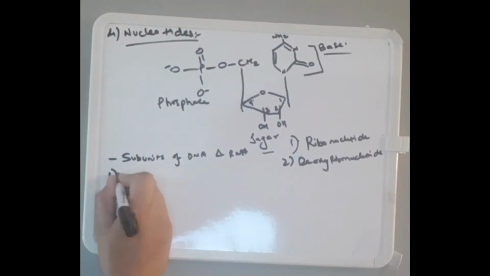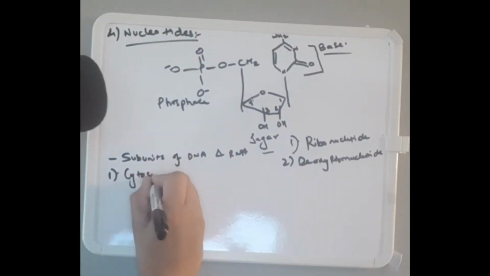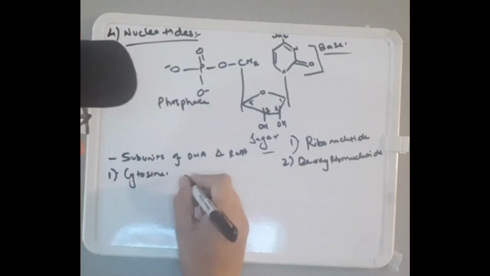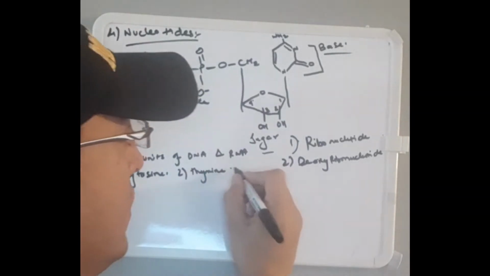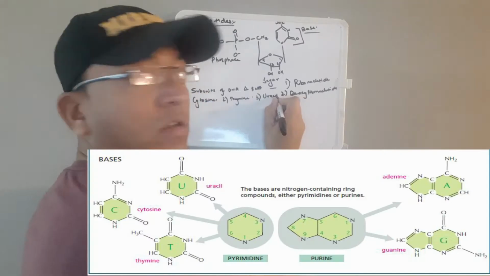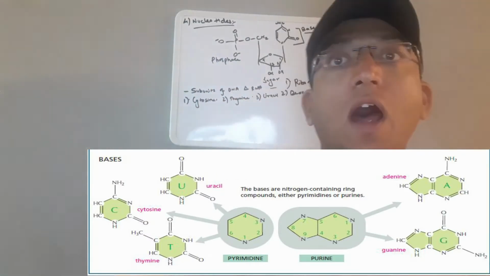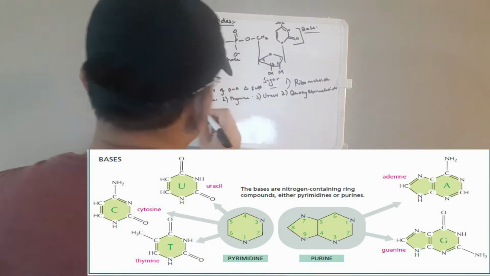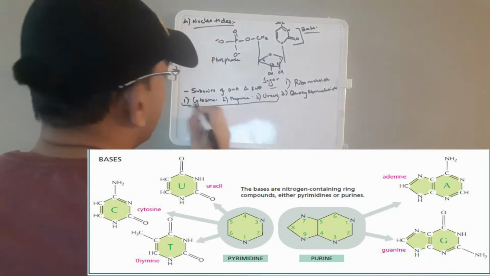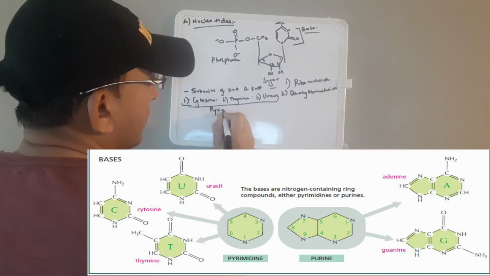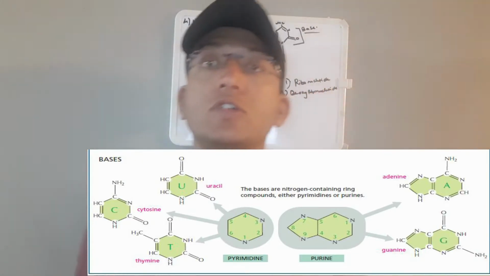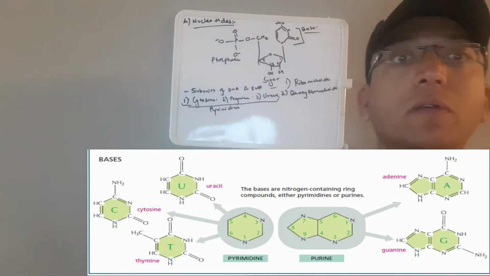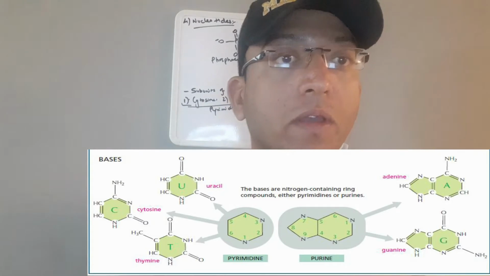I'll write it down here: cytosine, thymine, and the third is uracil. These are called pyrimidines, because they are all derived from a 6-membered pyrimidine ring.